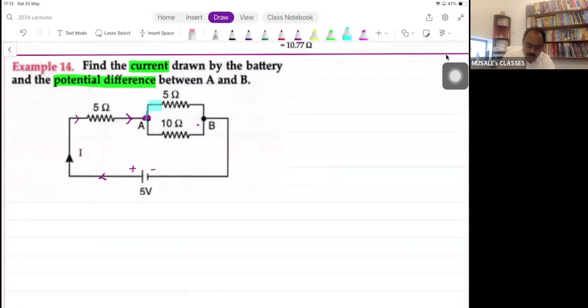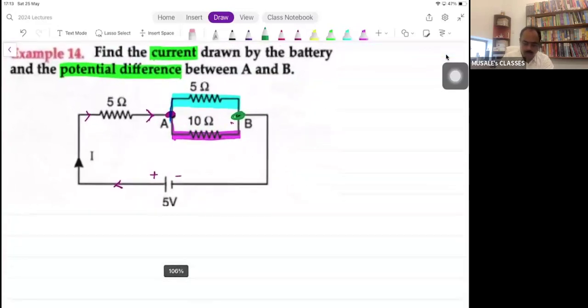Some current is flowing in this direction and some current is flowing in this direction. Since there are two different directions, again they are meeting at point B.